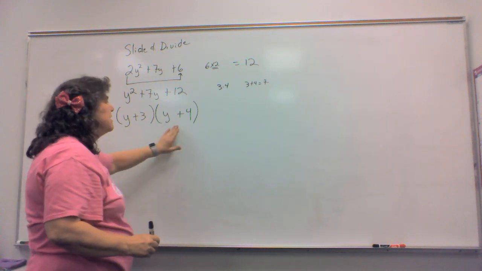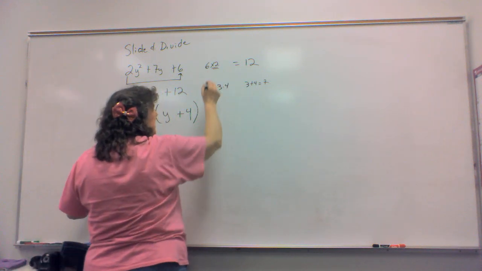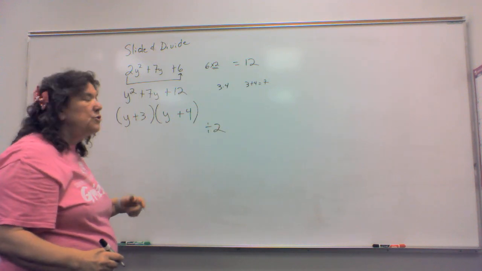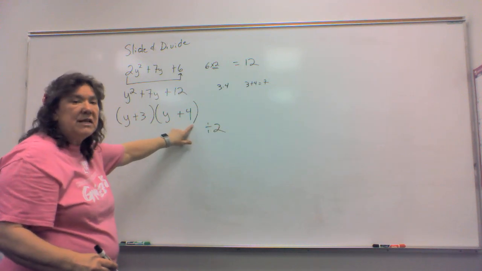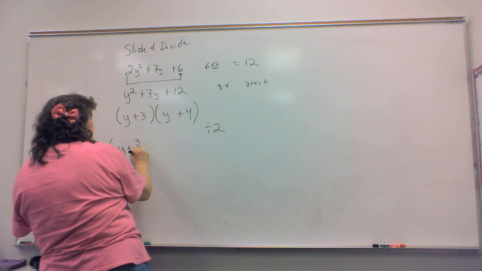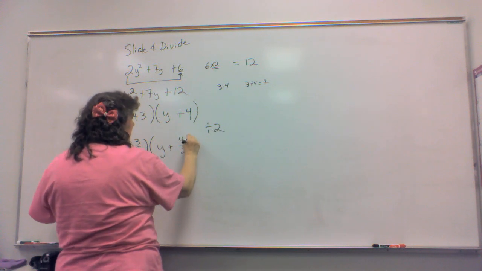Now that we've done this one, our next step is to undo this multiplication by 2 by dividing by 2. But what do we divide by 2? These numbers here. So you're going to have y plus 3 over 2 times y plus 4 over 2.